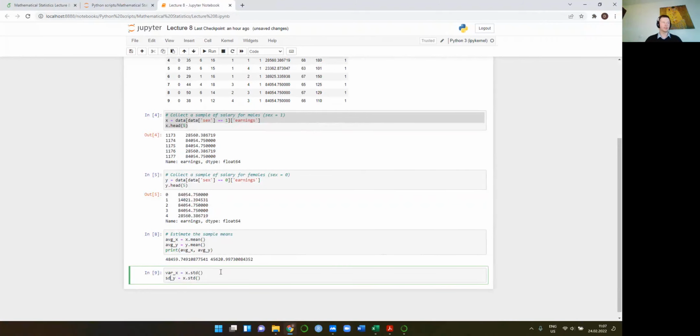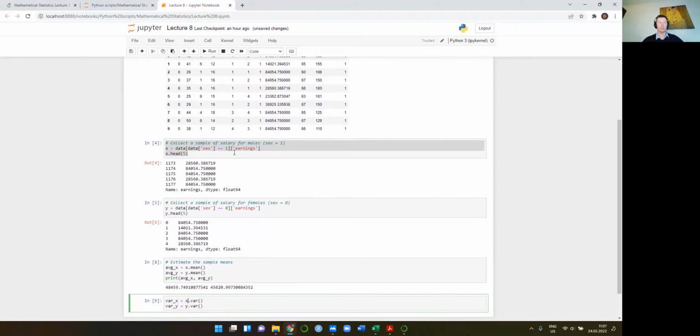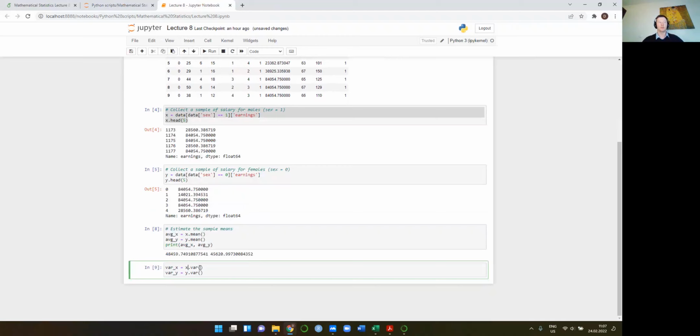So variance x and variance y, sorry, not standard deviations. Please remember that if you are using this on the pandas data frame, which is here, you don't need to specify the degrees of freedom. By default, degrees of freedom are given, so this one is subtracted.